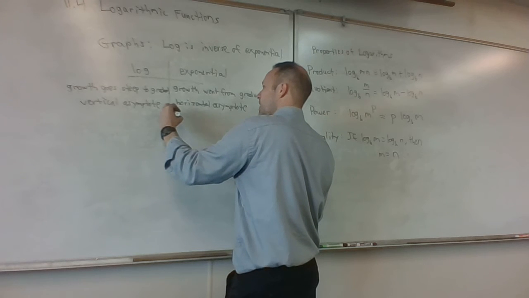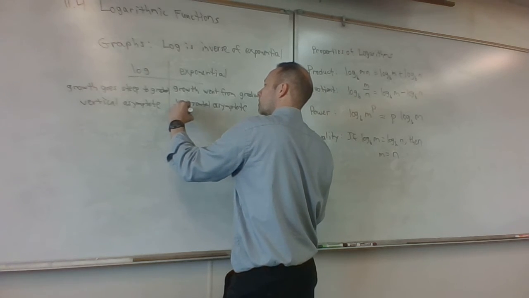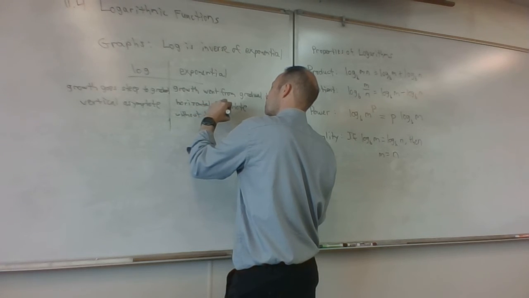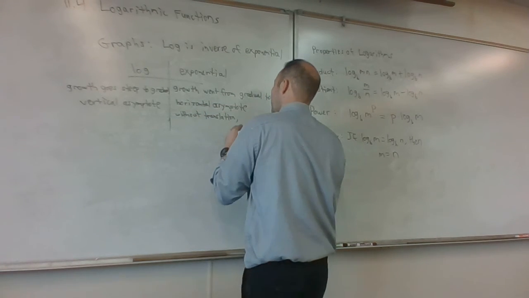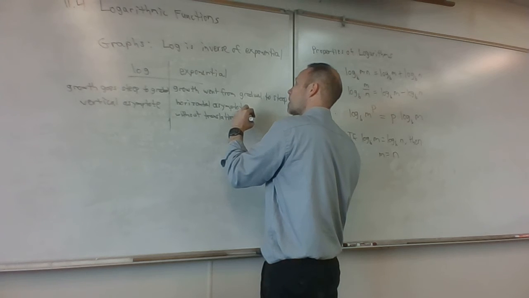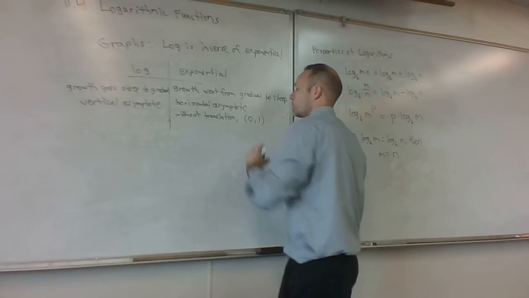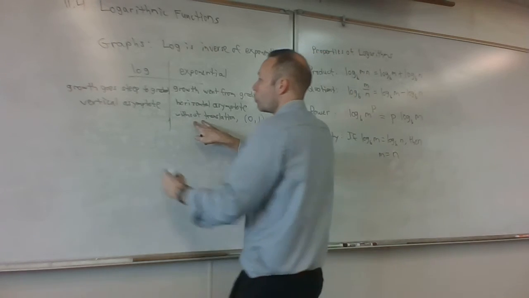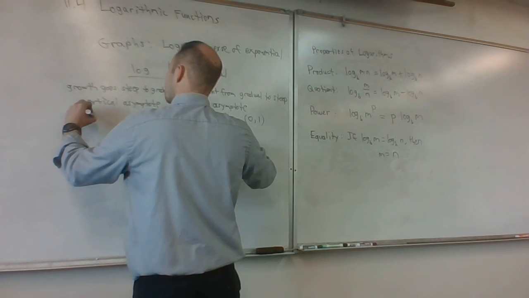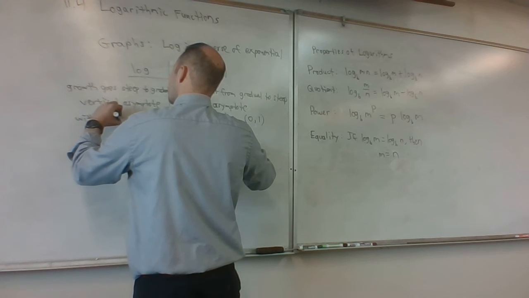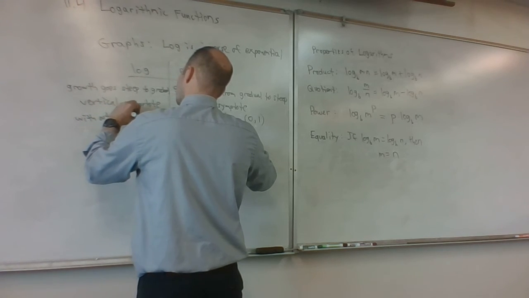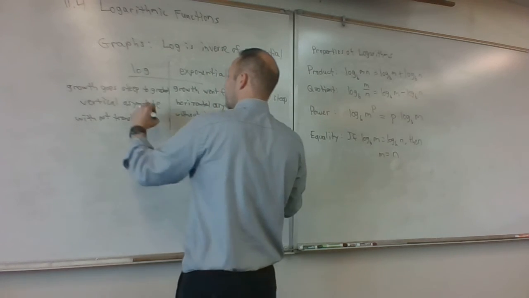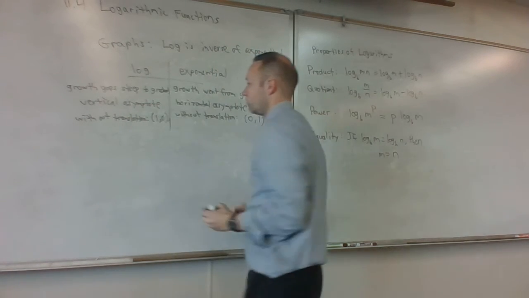Without translation, the exponential has the point 0, 1, crossing the y-axis at 1. Without translation, the logarithm goes through the point 1, 0.